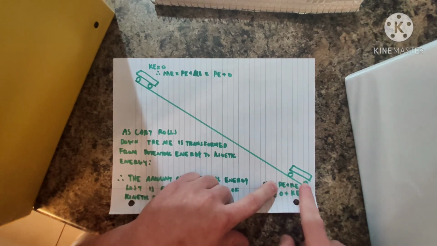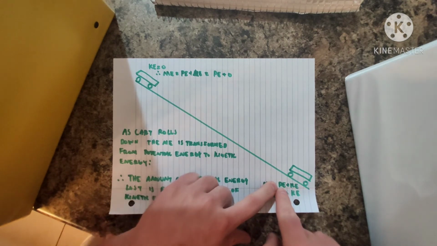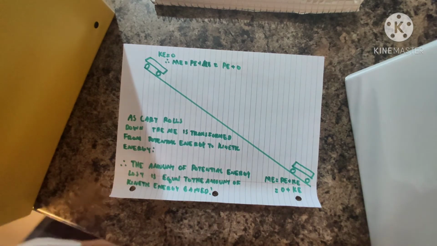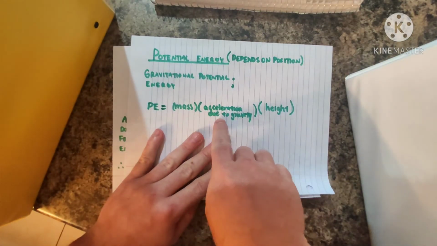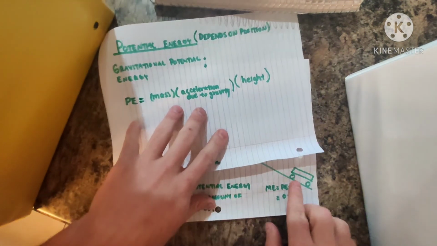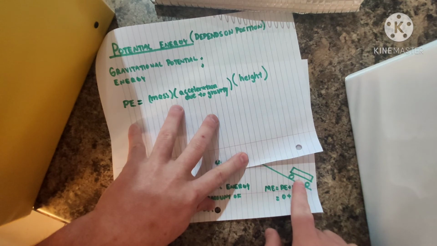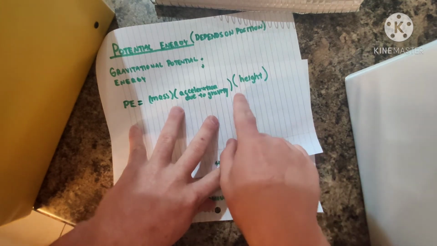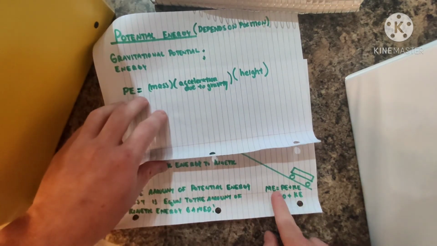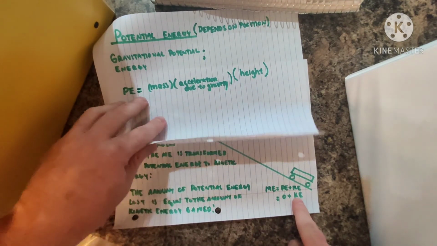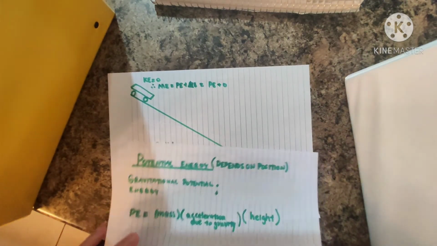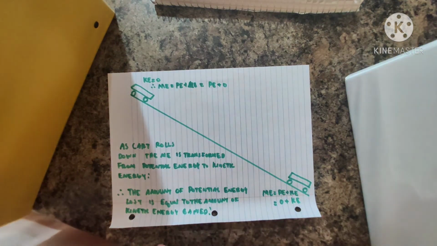Because at the very bottom of the ramp, the potential energy, which again is mass times acceleration due to gravity times some height, is zero, since at the bottom the height is equal to 0. So at the bottom, your mechanical energy is equal to your kinetic energy. At the top, your mechanical energy is equal to your potential energy. It's important to note.